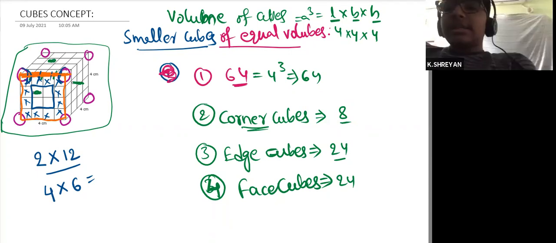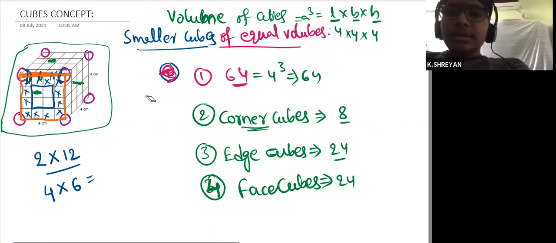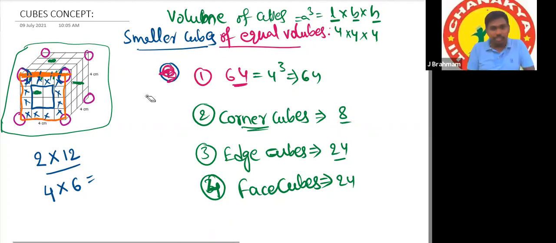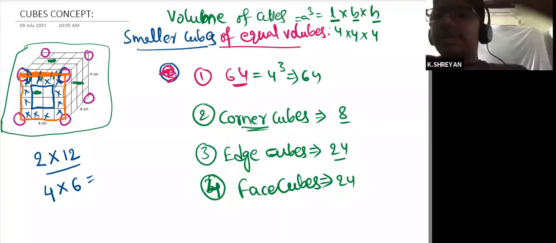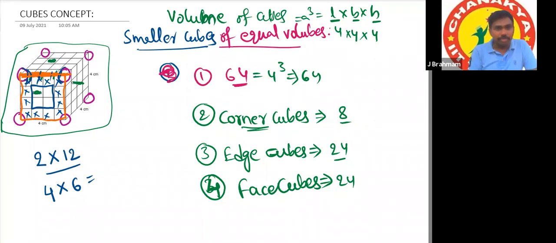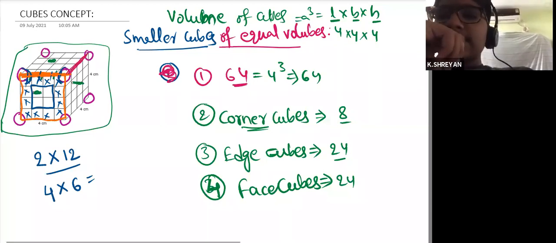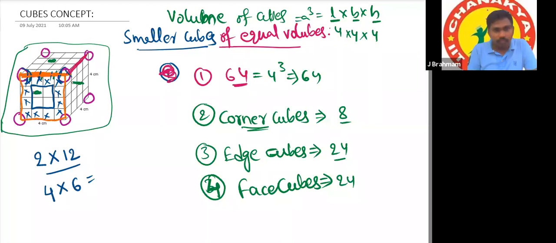But I did not understand the edge cubes. You got 24, sir. Which one? Face cubes? Edge cubes. It is easy, sir. Edge cubes. Let me explain on this edge. See this edge. On this edge, how many cubes are there? 1, 2, 3, 4.